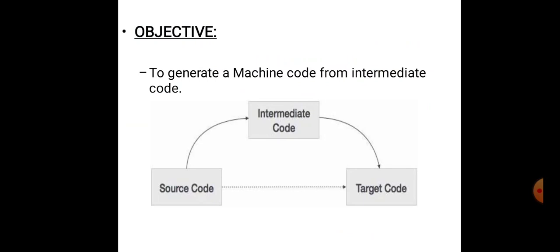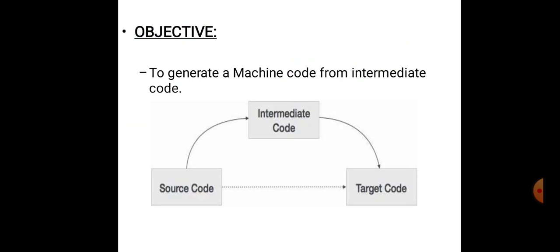As you can see in the diagram, we have an entity, source code. We can translate the source code directly into target code, or we can first follow an intermediate code generation.